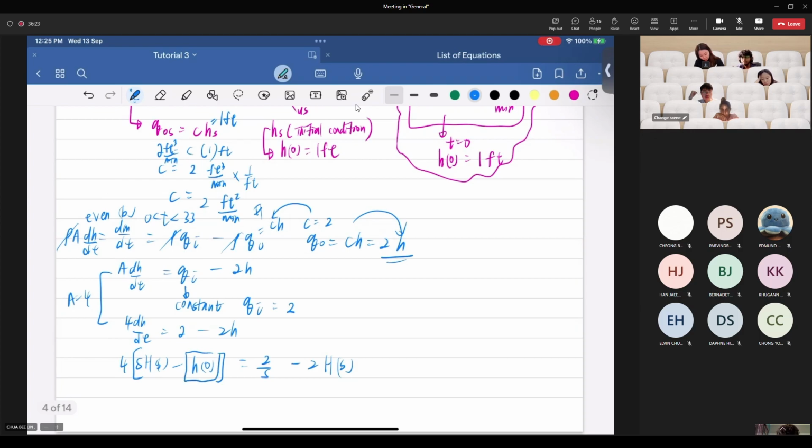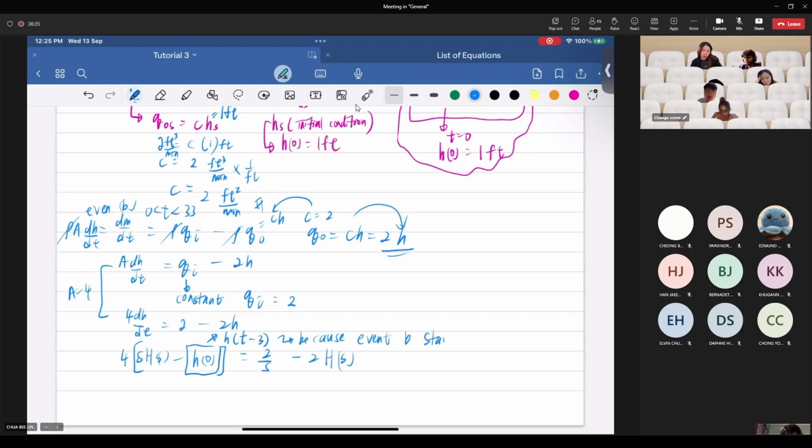And this one, you should replace with h t minus 3 because event B starts at t equals to 3 minutes. So you have 4shs minus h t minus 3 equals to 2 over s minus 2hs.